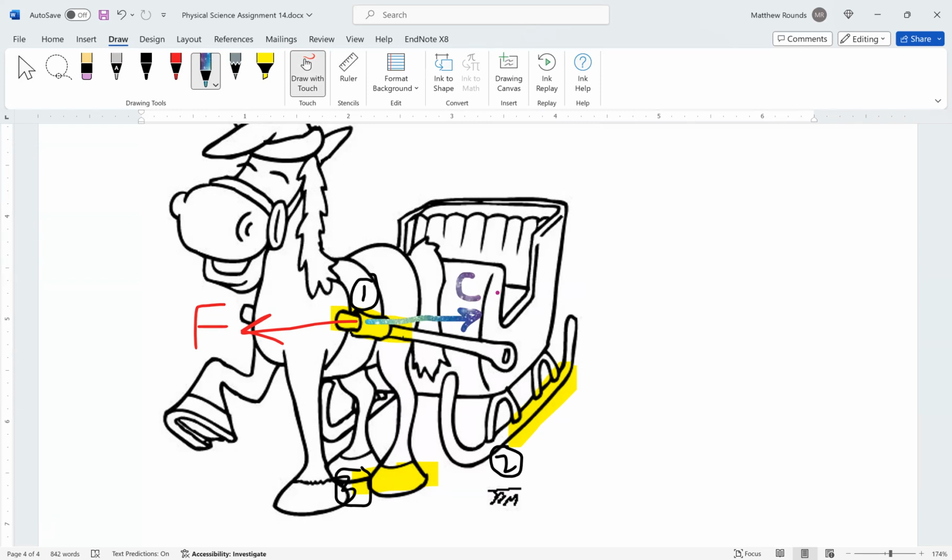And they're equal and opposite. So give me a sentence or two that describes that, please. Okay. So, should I start the sentence by saying there is a force that the horse is pulling the carriage forward? Yes, exactly.